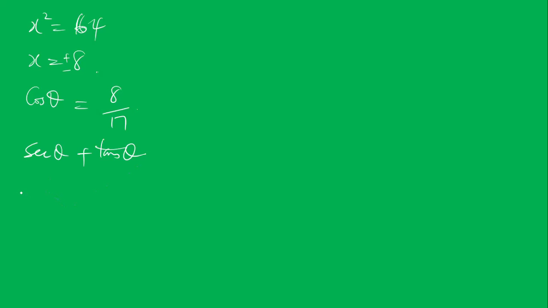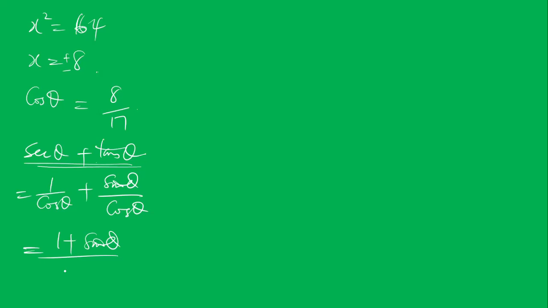To look for this, you know that this is 1 all over cos theta plus sine theta all over cos theta. This is what they are asking us to look for. So we now have 1 plus sine theta all over cos theta.